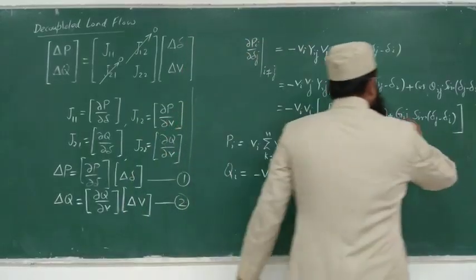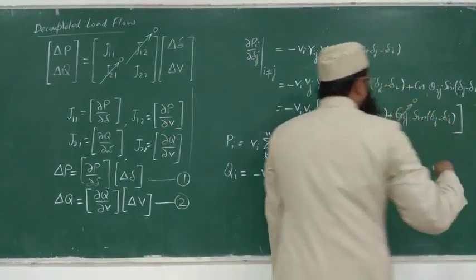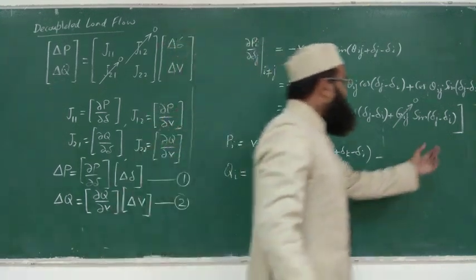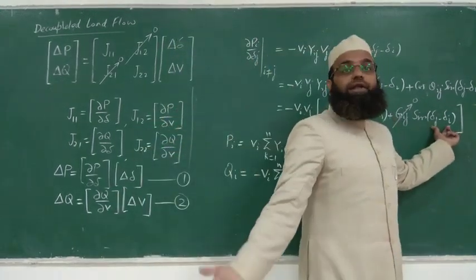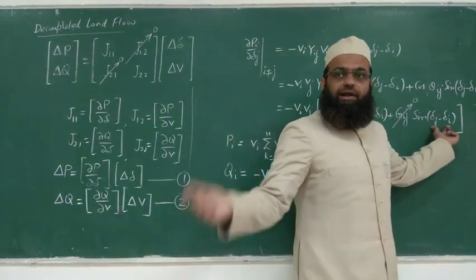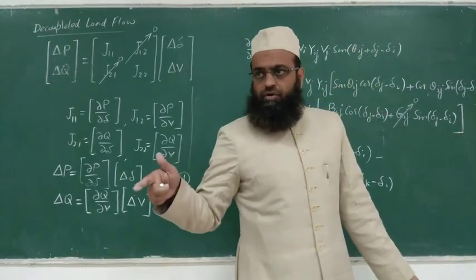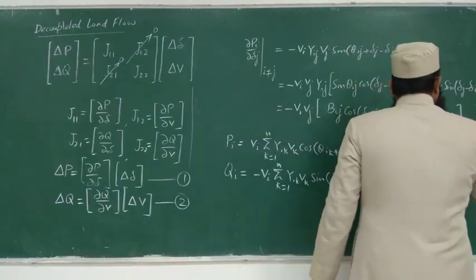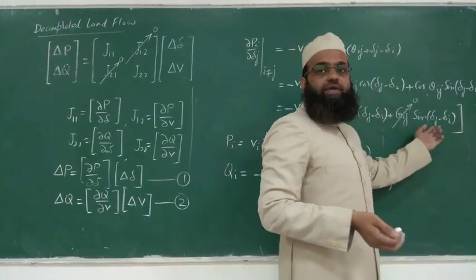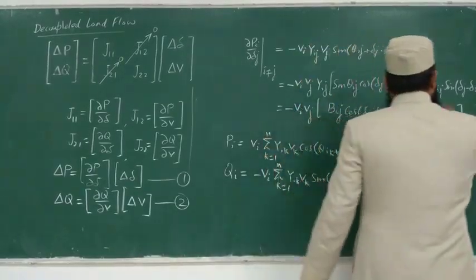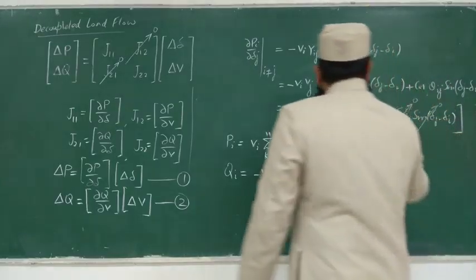So this will be 0. And another assumption was the difference of two deltas, δ_i minus δ_j and vice versa, is nearly equal to 0. So the angle is 0, so sine of that will be 0. So this is 0. What about this part?